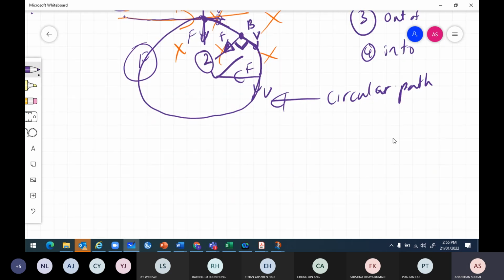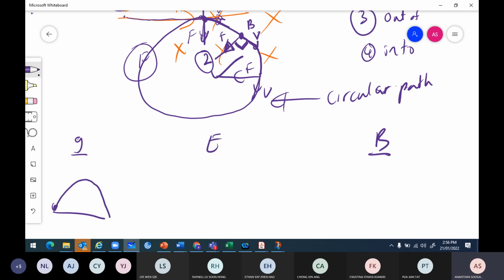So, recall your gravity, your electric field, now your magnetic field. In a gravitational field, you launch something, what type of path will it experience? Parabolic path, right? The force must always be in one fixed direction, so you get a parabolic path.